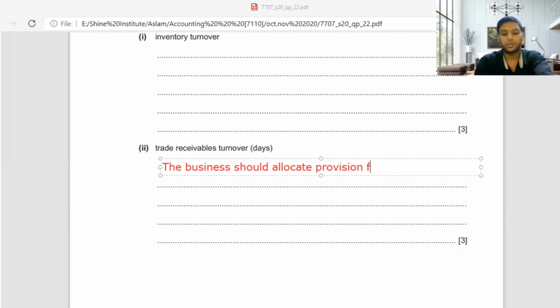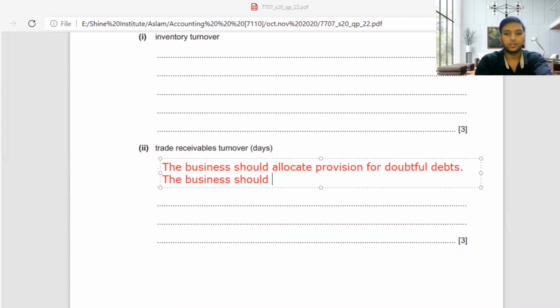Provision for doubtful debts. The business should expect bad debts or irrecoverable debts in future.